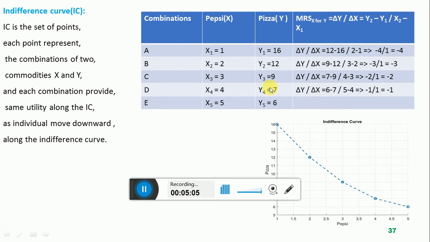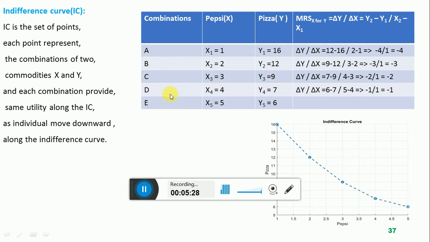This is diminishing. Then for the change from combination C to D, the rate of substitution is calculated: from A to B minus 4, from B to C minus 3, and from C to D minus 2. So again this rate of substitution is diminishing, decreasing.